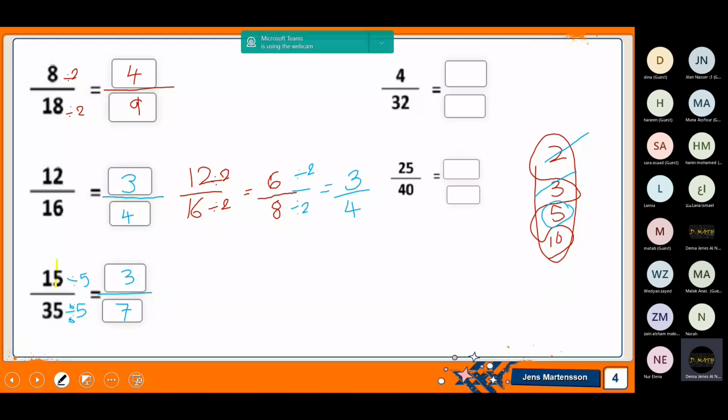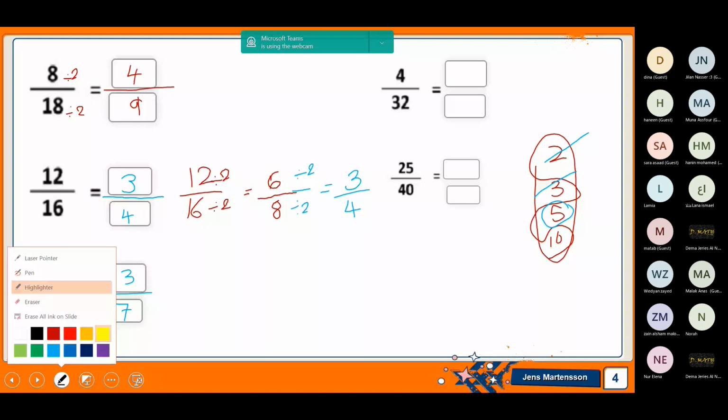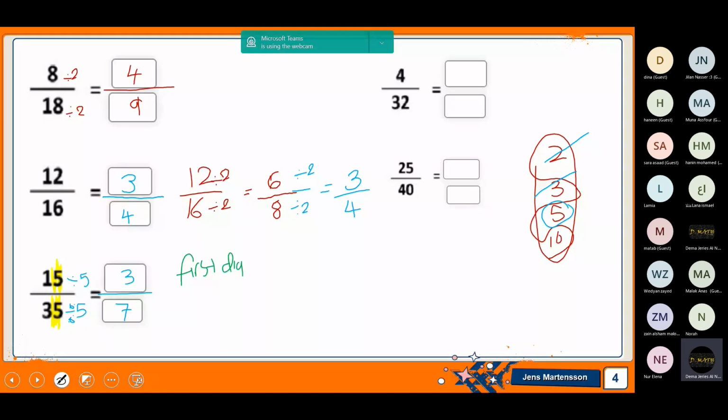If the ones digit in the number is 5 or 0, it can be divided by 5. Like 10, 20, 30, 40, it can be divided by 5.